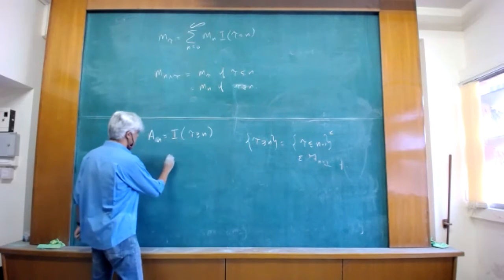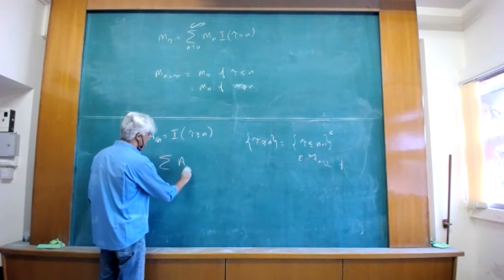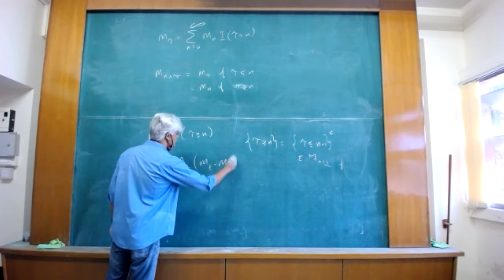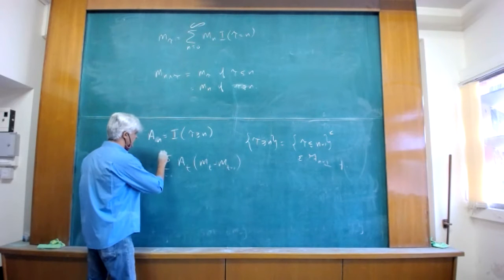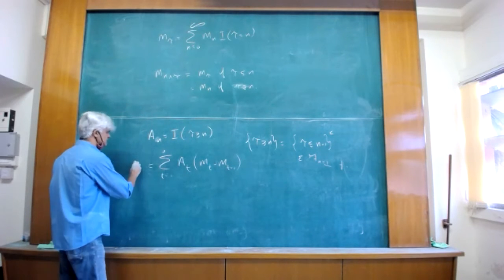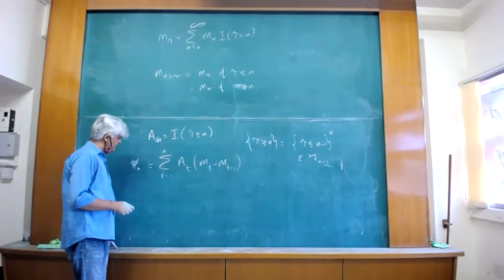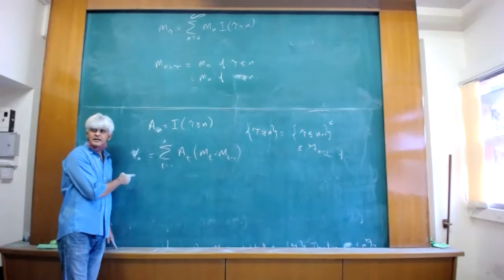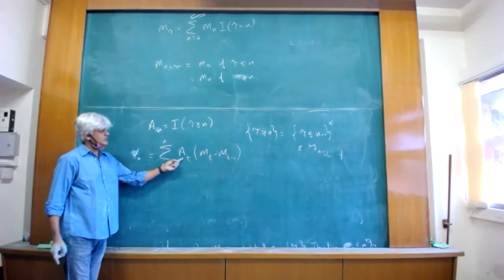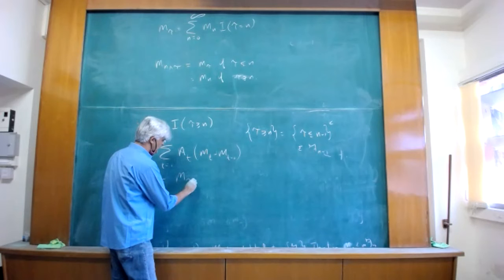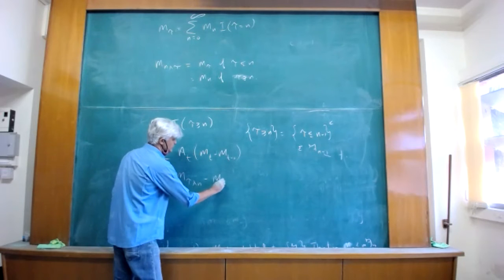And hence the summation of A_t times (M_t minus M_{t-1}), t equals 1 to n, is a martingale, and this is exactly equal to M of n min tau minus M_0.